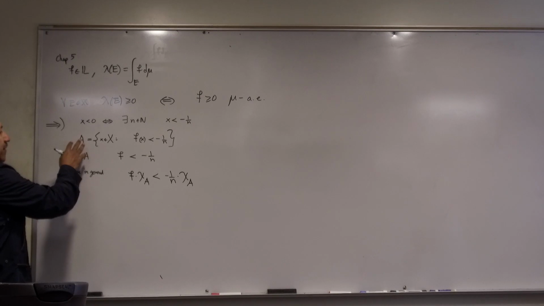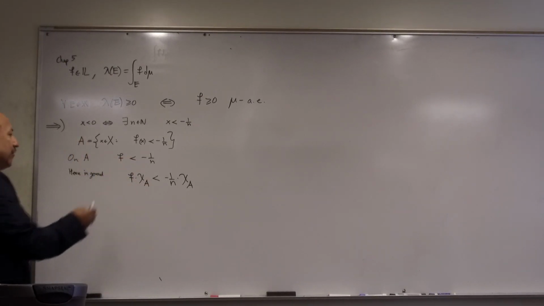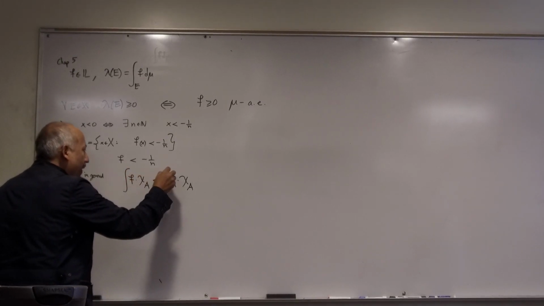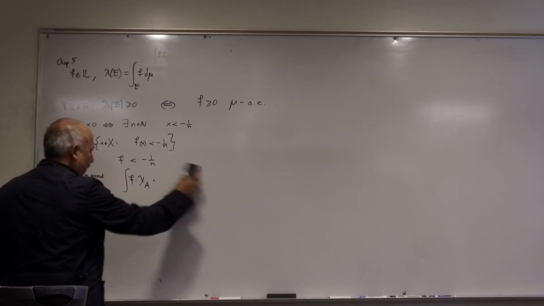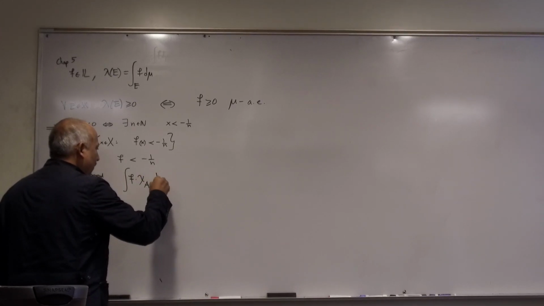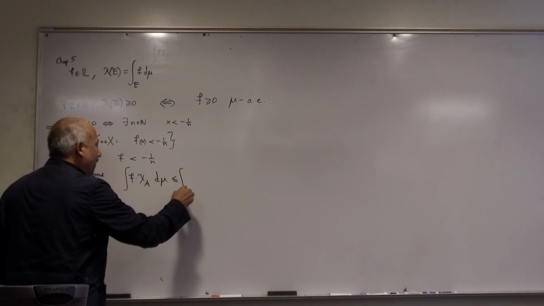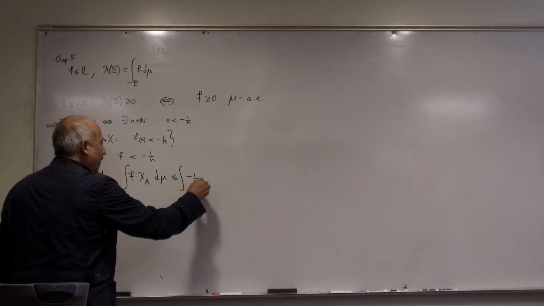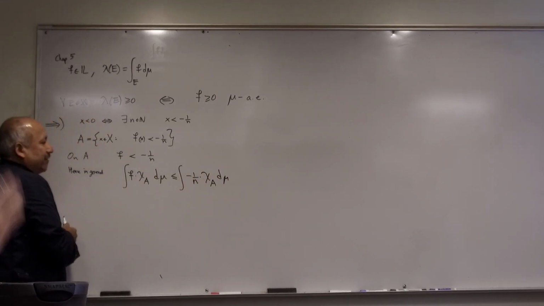You build a set, and on that set something happens, and you say therefore in general it's true. Now that this is true, you take integrals on both sides. The integral of f d mu is less than or equal to the integral of -1 over n times the characteristic function of A d mu.